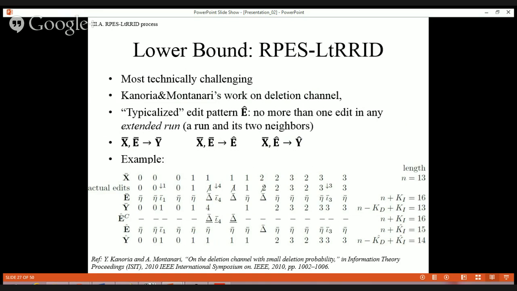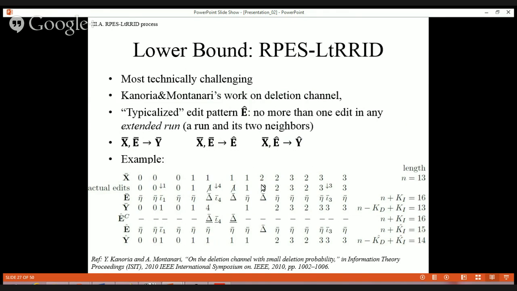In this example, in the first run of X, 000, the extended run is 0001, including the right neighbor. In this extended run, there is only one edit, so we don't eliminate any edit. Hence, the E complement is all no operations in this extended run. In the second run of X, which is 1, 1, 1, 1, the extended run is 0, 1, 1, 1, 1, 2.